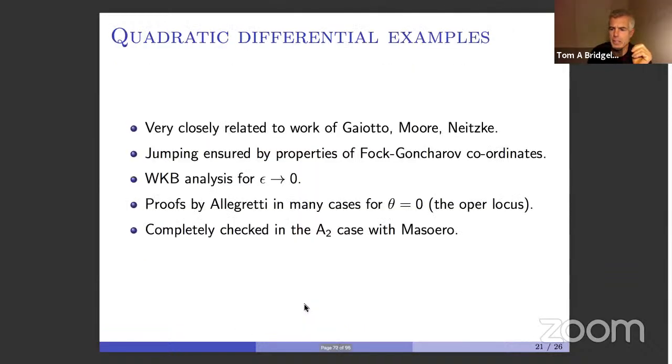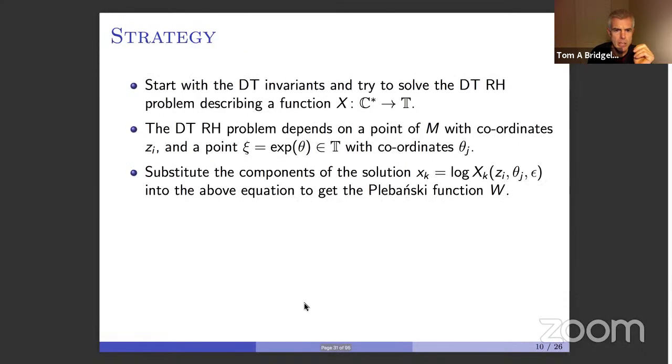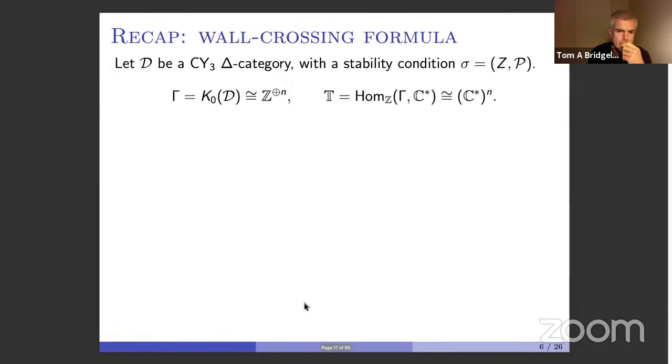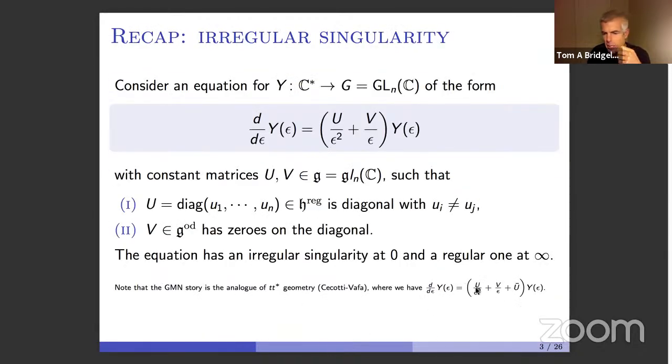I think so. If we go right back to this equation, where was it? Yeah, if we look at this equation, and you just rescale u and epsilon at the same time, send them both to 0.